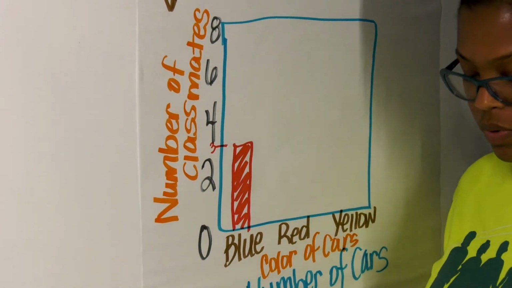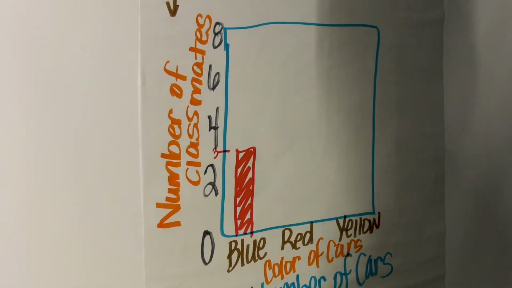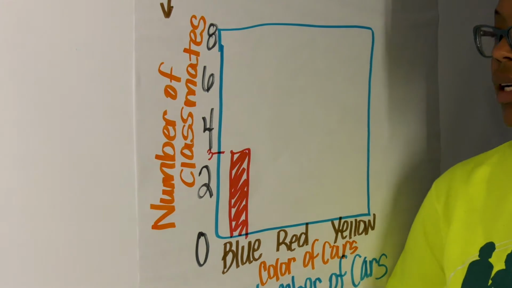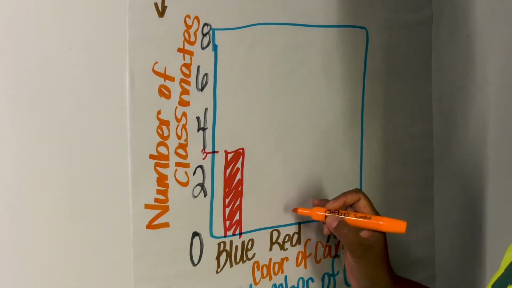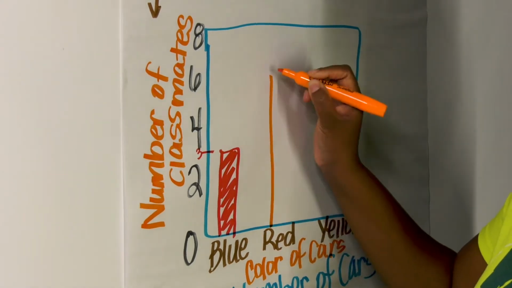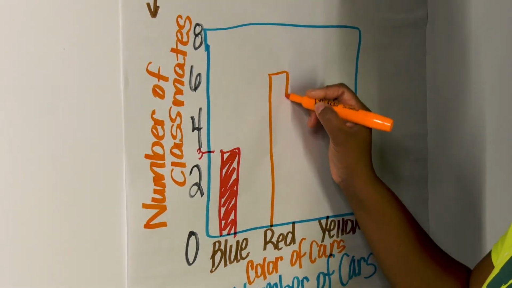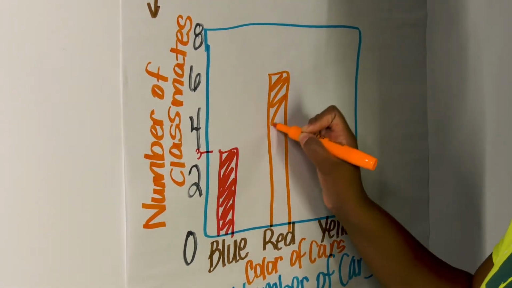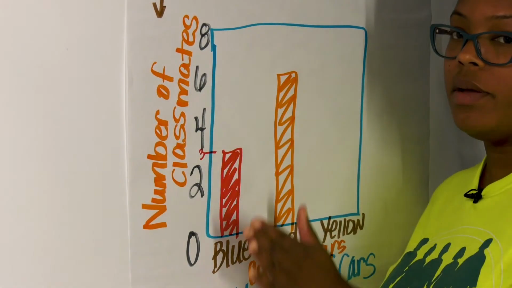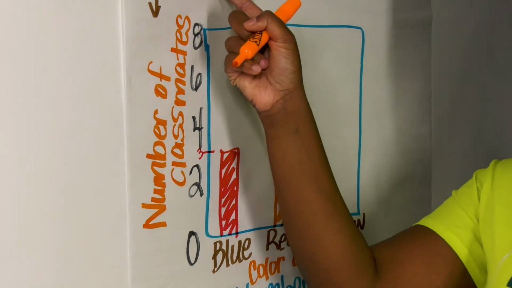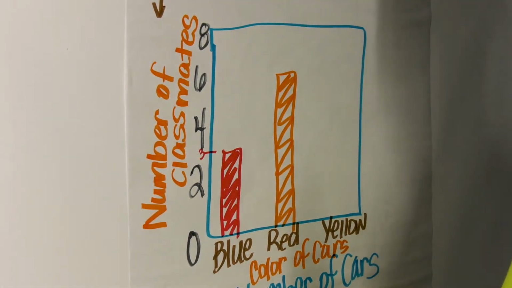So this is what that would look like on our bar graph. Then let's say 6 of our classmates have red toy cars. So I'm going to take red all the way up to the 6th line, and then I'm going to shade that in. So if you notice, the bars are going up and down, so this is a vertical bar graph.